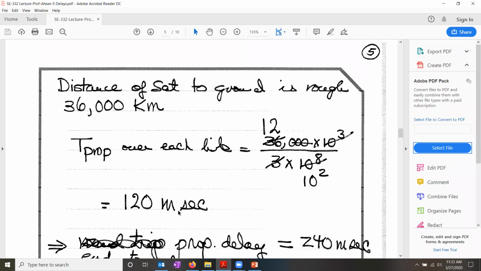Now this is for one end, and we multiply with 2 to get the total end-to-end propagation delay, which is 240 milliseconds.